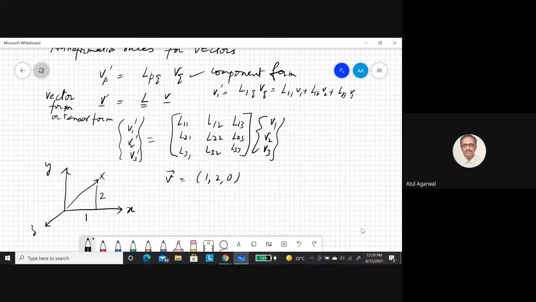Now I take another coordinate system where this is my x prime direction. In this coordinate system, this vector is represented by root 5, 0, 0. Now I have to mention which coordinate system I am talking about. So this is my x, y, z.